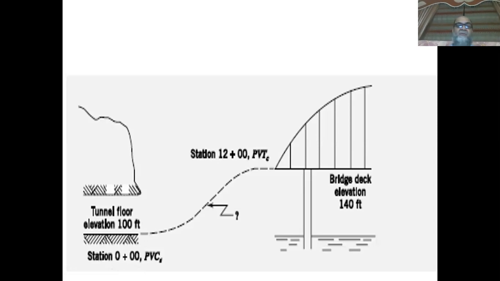Now in this problem, obviously this is a tunnel and this is a bridge and this is a transition between each of them. The bridge is at a higher level, the tunnel floor is at the lower level. And the difference between the bridge deck elevation and the tunnel floor is 140 feet.